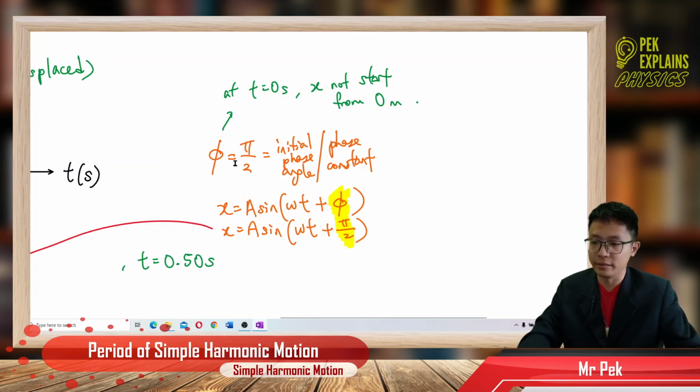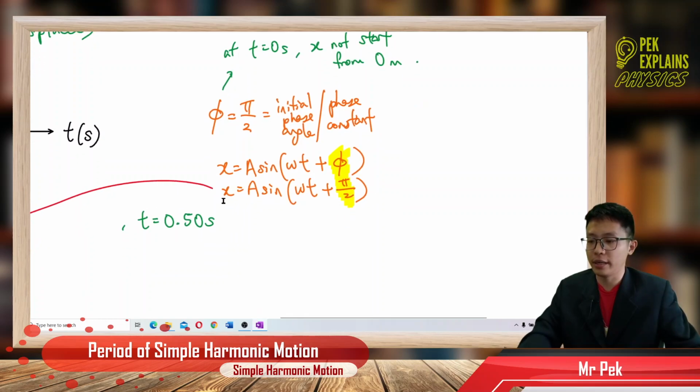Phi is called phase angle. Pi over 2 is called the initial phase angle or phase constant. Why we have phi in the formula? Because at 0 second, the displacement does not start from 0. So it has a certain initial phase angle called phi. And our phi is pi over 2 radian.